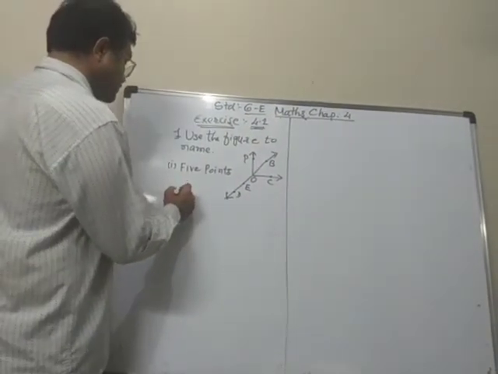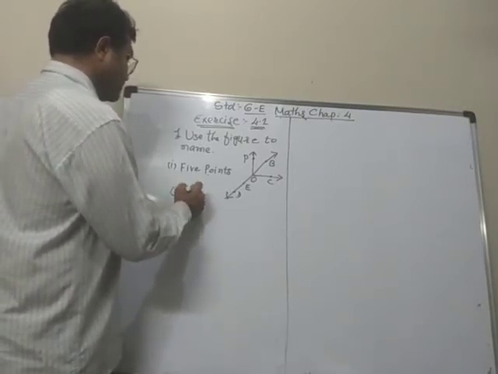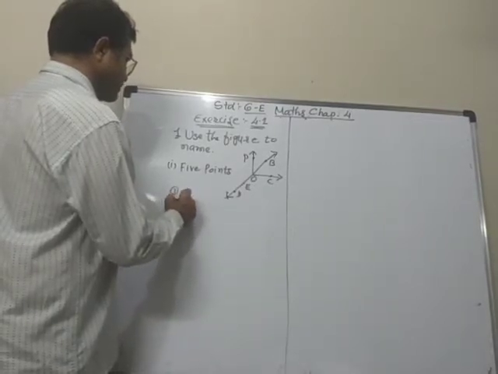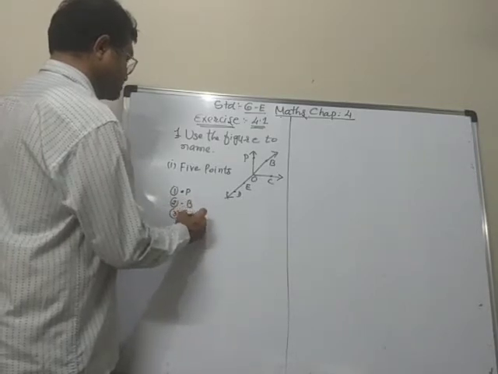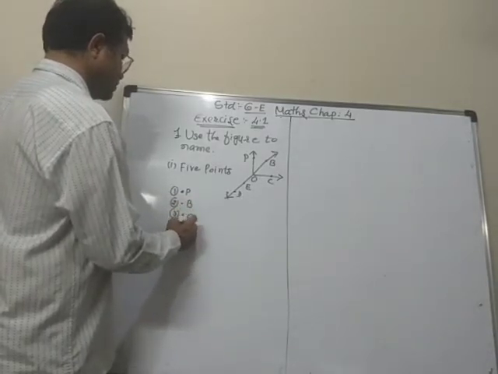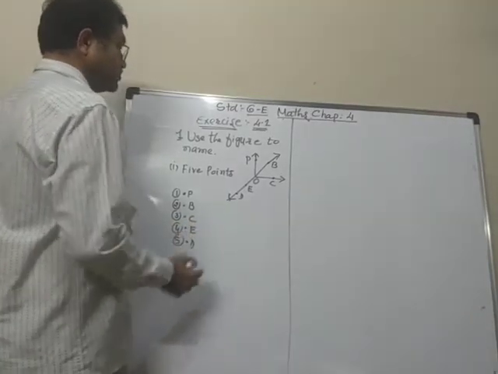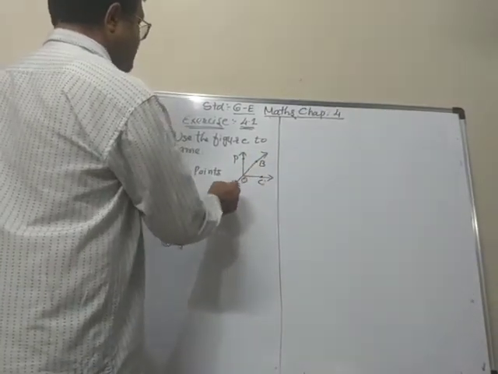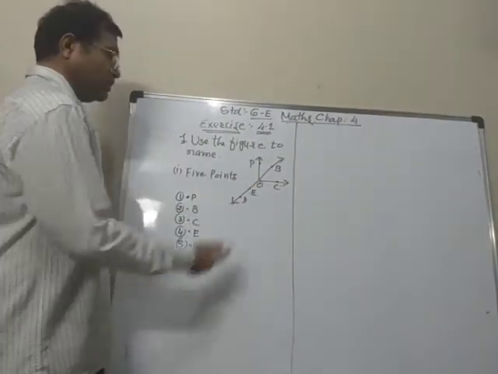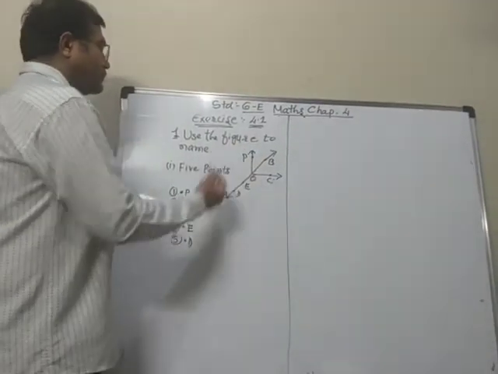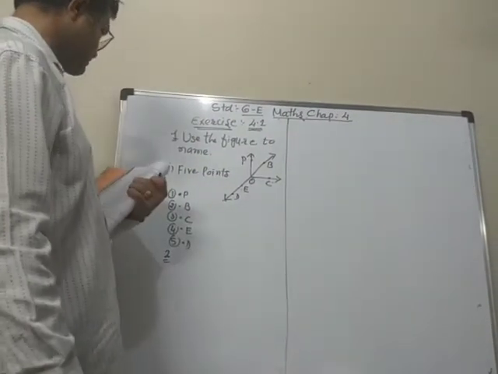First, point P, second, point B, third, point C, fourth, point E, and fifth, point D. There are 1, 2, 3, 4, 5 and 6 points given, so you can take any 5 points here. It is a very easy question.